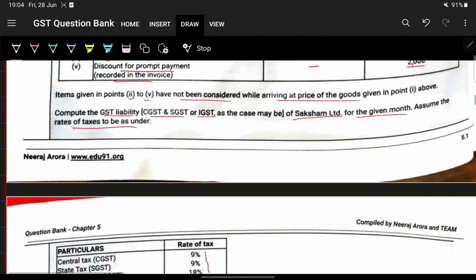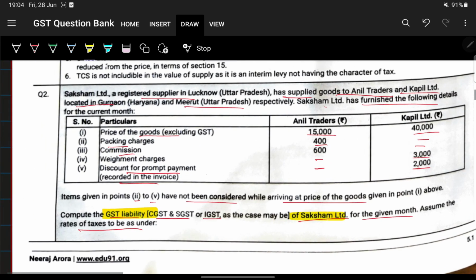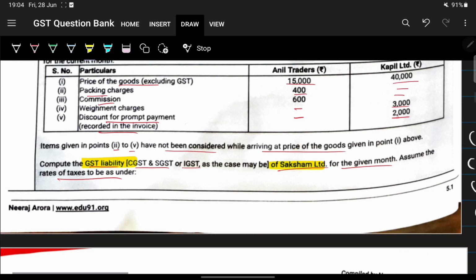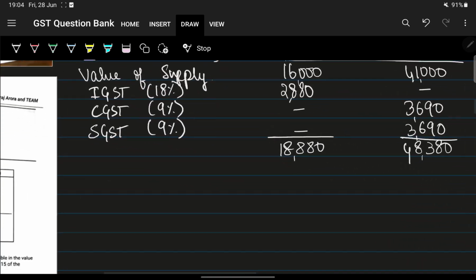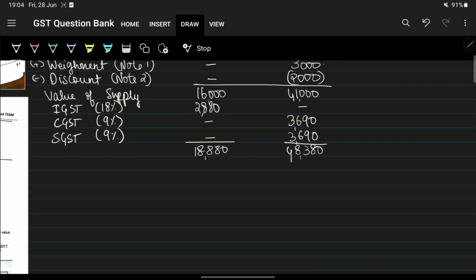What have they asked in the question again? They've asked to compute the GST liability of Saksham Limited, meaning the supplier. So you can put GST liability. Now we can add this: 18,880 plus 48,380 will come out to 67,260.